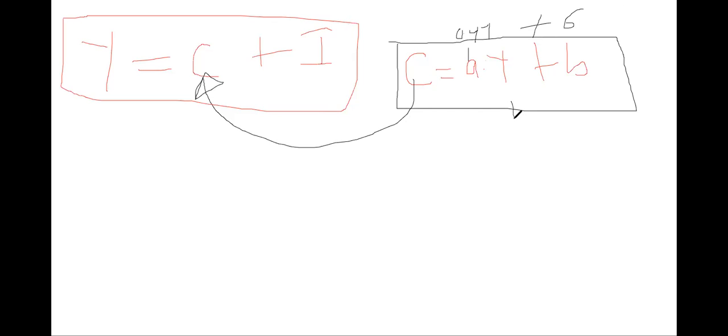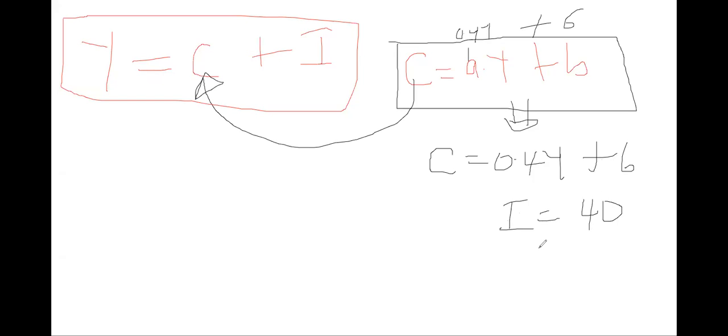It will be given to you, for example: consumption equals 0.4y plus 6. This is what you need to solve that problem. But investment, they will say investment equals 40. Is it going to be on the question itself? Yes, it's going to be given to you. Okay, that's what I wanted to understand. All right, thank you.